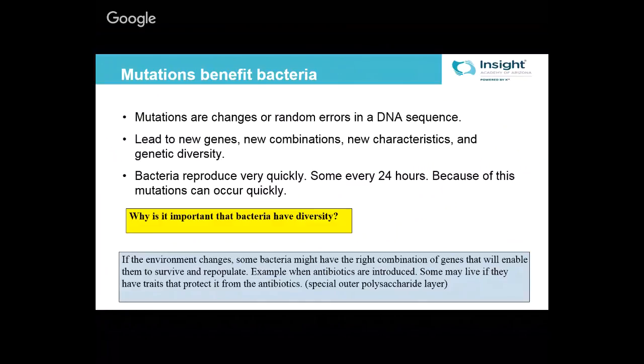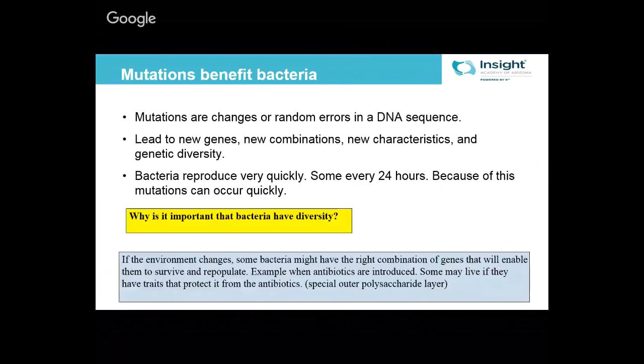And this can lead to new genes, new combinations, new characteristics, and genetic diversity. So bacteria reproduce very quickly, some every 24 hours, some even faster than that. And because of the mutation, we see a change quickly, so we can monitor evolution within bacteria very quickly.